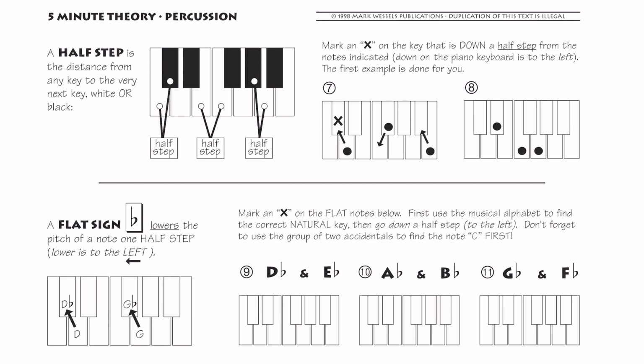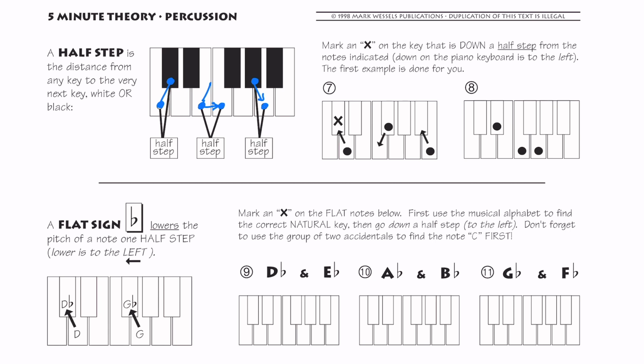The distance from any one note to the next note is called a half step. So notice I'm right here. There is no accidental here. So my next note is right here. So that's a half step. Or if I'm on an accidental and I go up to the very next note, that's a half step.